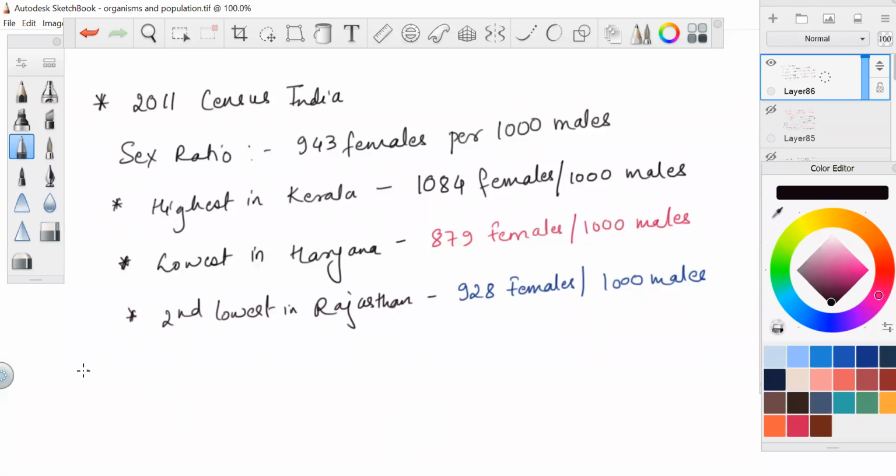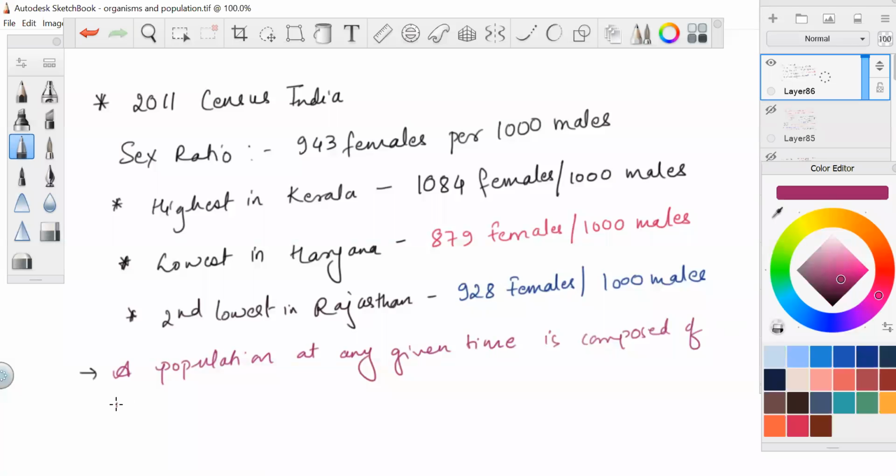So what we see in a population is that a population at any given time is composed of individuals of different ages.